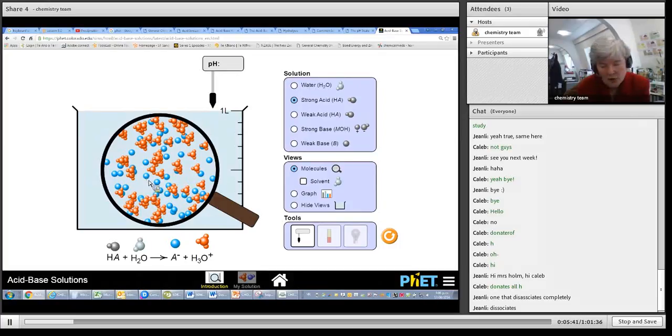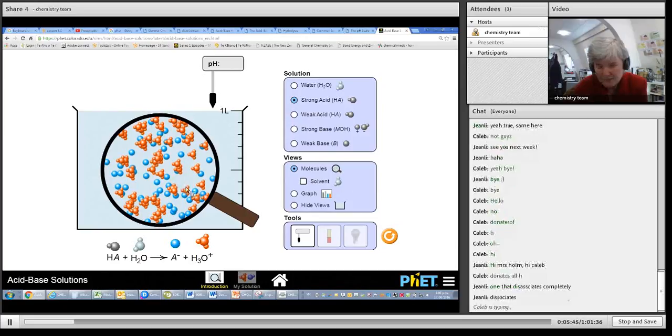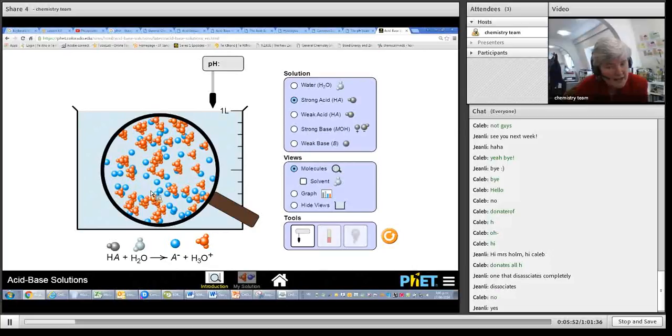Do we have equal amounts of hydronium ions and anions from the acid? Caleb, you said no, and it is a bit of a trick question because it depends on what you mean by yes or no. So you are, in a way, both correct.